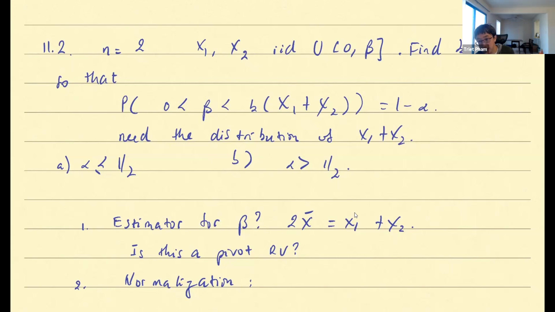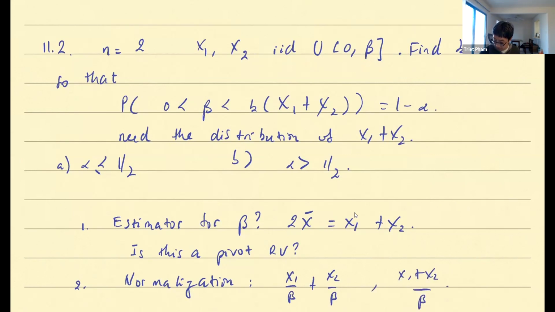Well, pay attention to the population distribution. It's uniform 0 to beta. How would you normalize this uniform? Exactly. So the normalization will be X1 over beta plus X2 over beta.